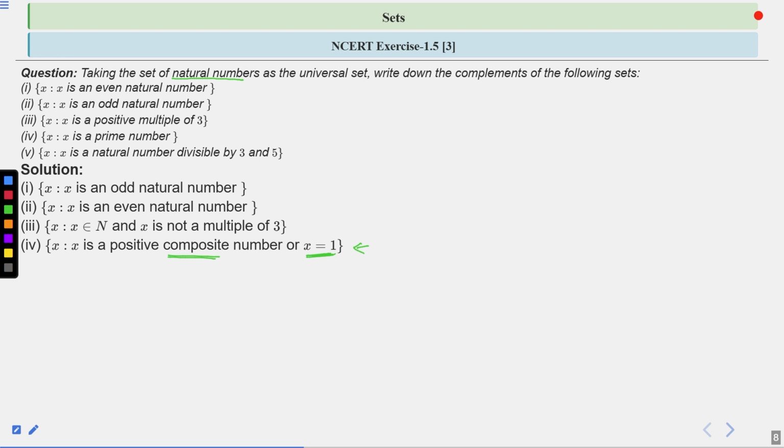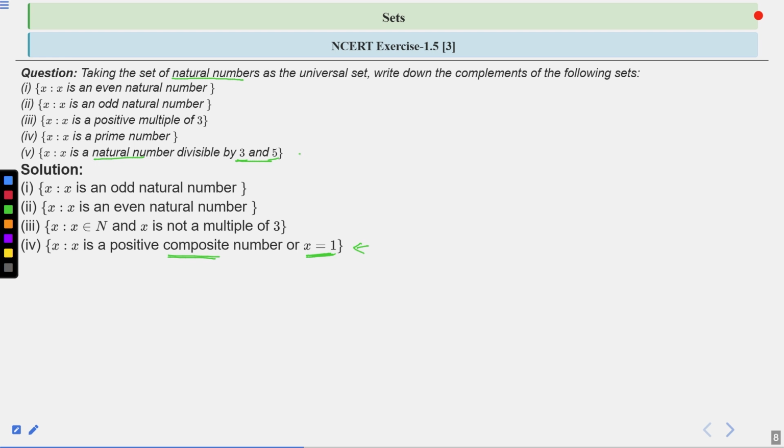Okay. Moving to fifth. So fifth is very simple. Here the set is described as all natural numbers which are divisible by 3 and 5. So we are collecting such numbers, those divisible by both 3 and 5, meaning we are collecting here multiples of 15.